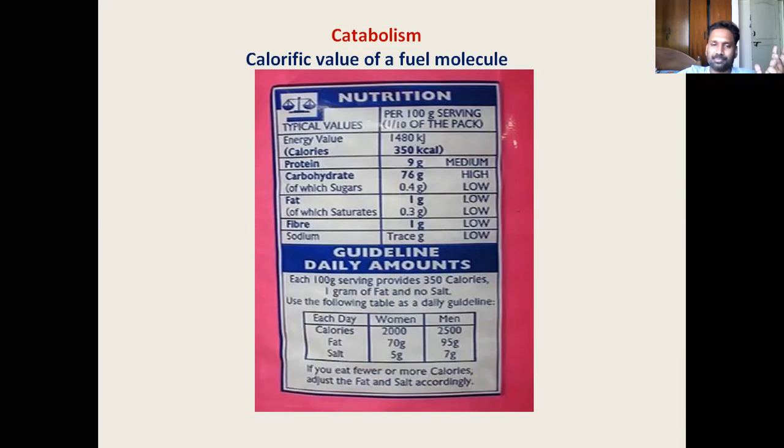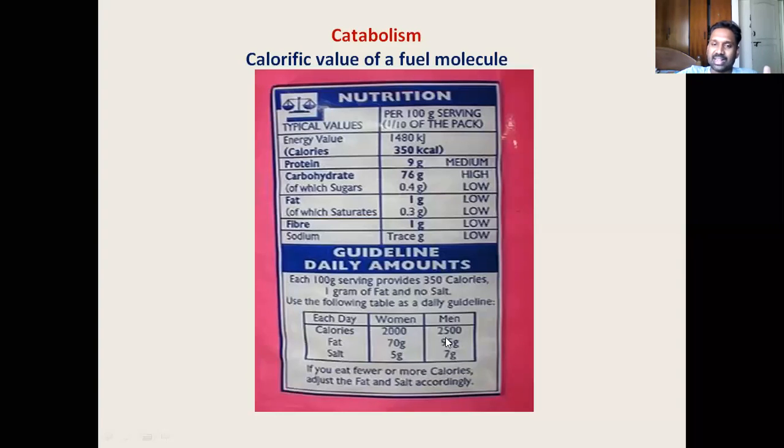What's the food intake? Roughly for men, it is 2500 kilocalories, and for women, it is 2000 kilocalories per day. Okay, per day, yeah, not per time, per day.